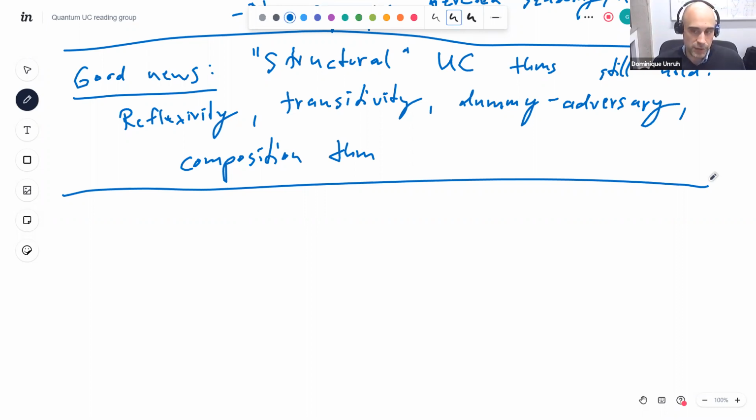Then it depends very much on the protocol whether it suddenly becomes difficult to prove, because you need to consider quantum things. All I'm saying is that quantum UC holds no surprises on the structural level. On the level of concrete protocols, sometimes it does, sometimes it doesn't. I've encountered both.